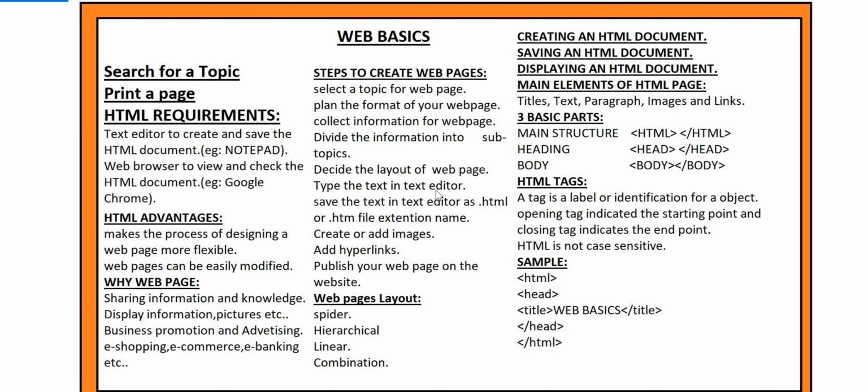Type the text in the text editor. Text editor is nothing but Notepad or EditPlus, and many other text editors are there. Save the file as .html or .htm. I'll show you how to do that now.